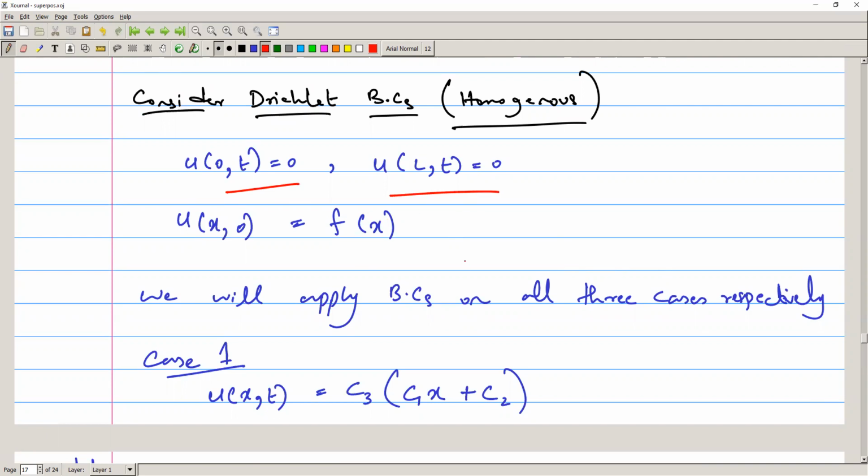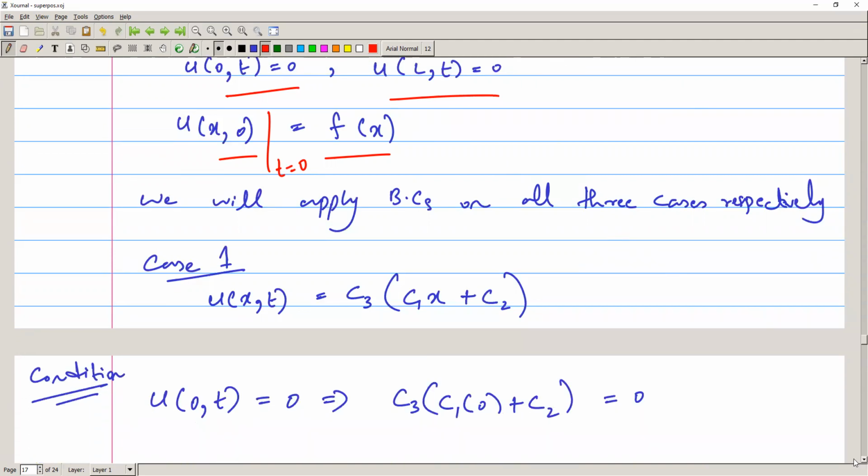So these are the Dirichlet conditions, and this is the initial condition, that is t is equal to 0. That's why we are calling it the initial condition, and that is equal to some function of x. It may be sine x, cosine x, x squared, or any piecewise function, right? So it may be any function of x.